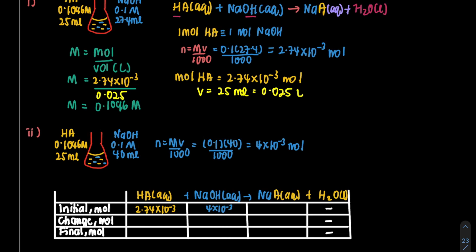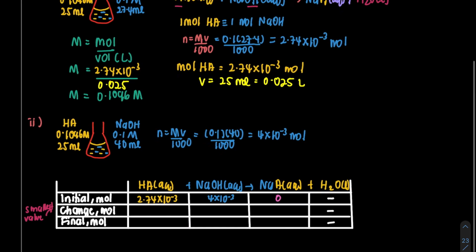For our salt, initially we don't have any product, so it becomes 0. For change, we take the smallest value present. We compare between these two, and it's actually 2.74.